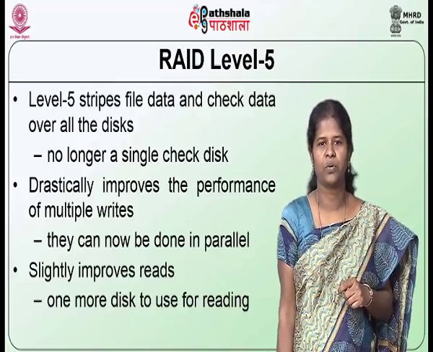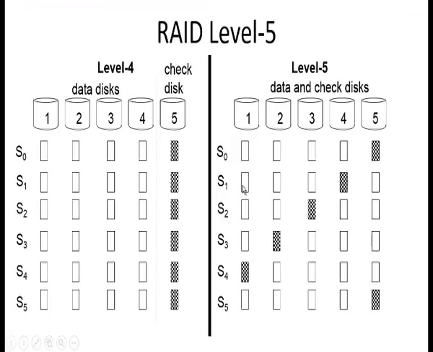It will also improve the reading. In the case of level 4, we saw that you had a separate disk for storing the parity, but now the parity is stored along with the data in different disks. So, the parity for disk 1 is kept in disk 2, parity for disk 2 is kept in disk 3, and so on.